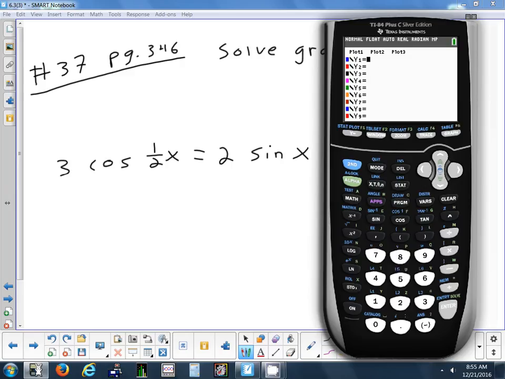A lot? Well, you're not going to get infinite. Well, I mean, if you consider every solution forever. But we're just going to look between 0 and 2 pi. Twice? Yeah, I'm sure you could come up with a graph that crosses twice. Any other thoughts? How about 3 times? Could you do 3?